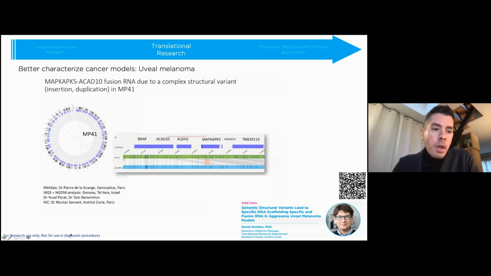So here, optical mapping detected a tandem duplication at this locus. You have this sequence here in the reference that actually aligns in the sample map over here, but also over there. This leads to a specific fusion between the ACAT10 gene fusing with the MPK gene over there.